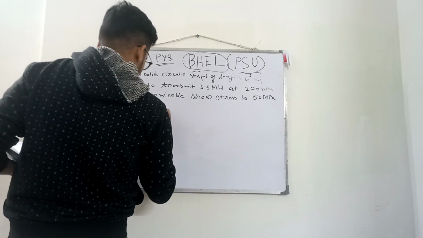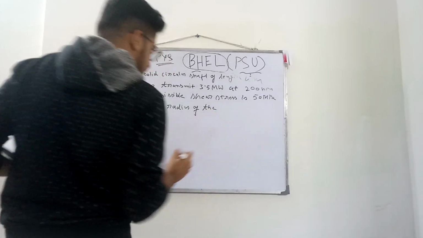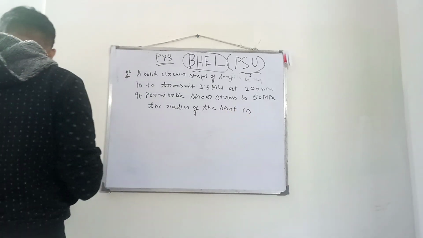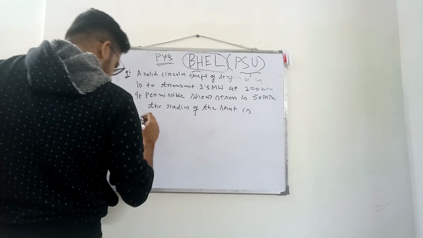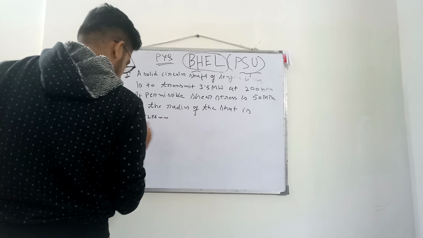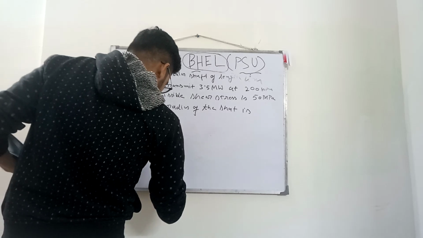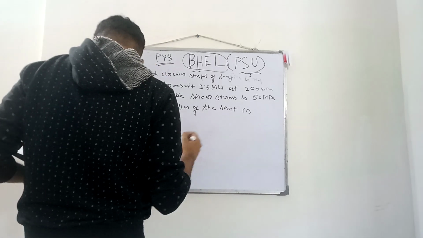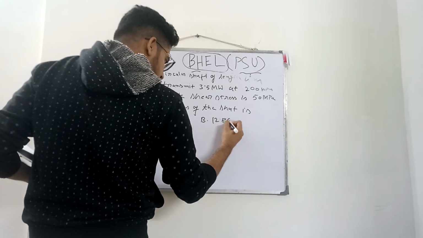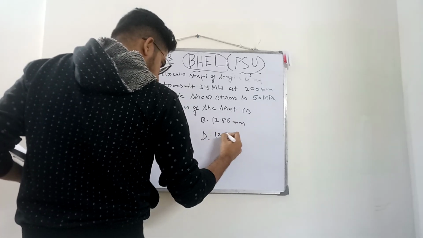The radius of the shaft is, okay, the radius of the shaft is: option A 1.286 mm, C 0.1286 mm, this is 12.86 mm, 1.86 mm.